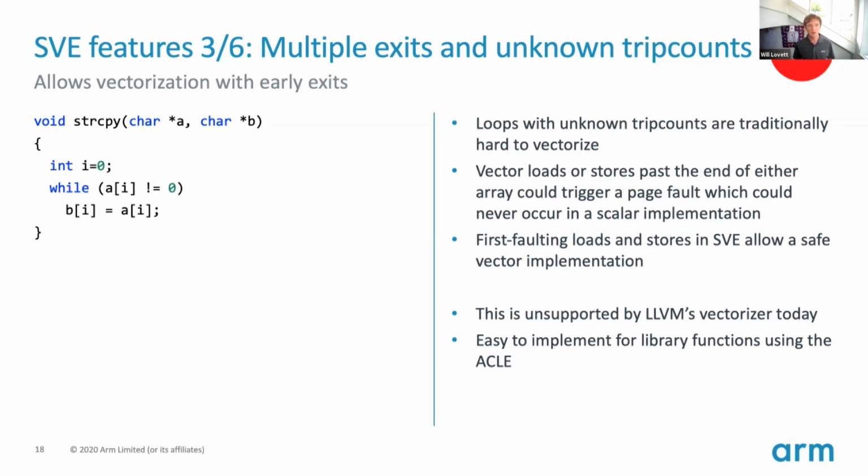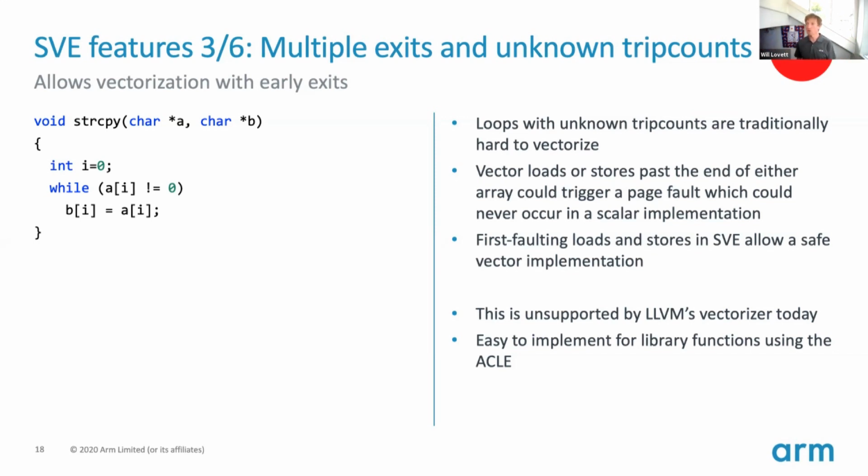An example of where that can go wrong is if your array A terminates at the end of a page and you loaded some values past the end of it, then you could get a page fault, and that would never have happened in the scalar code.